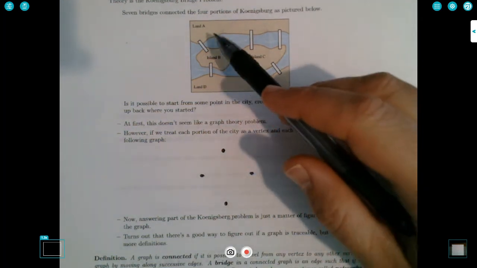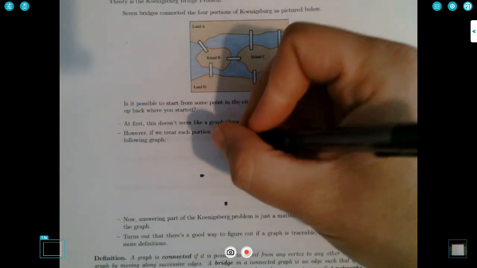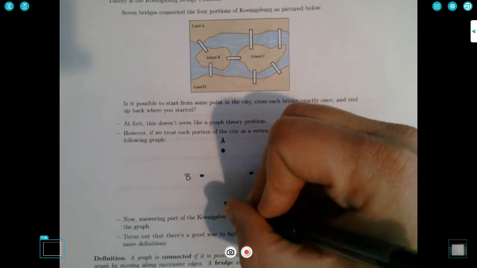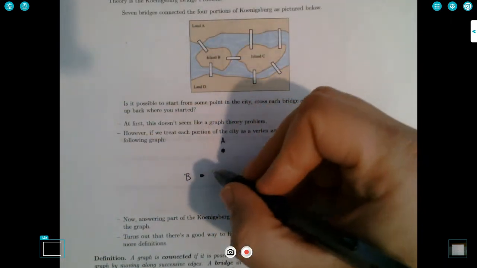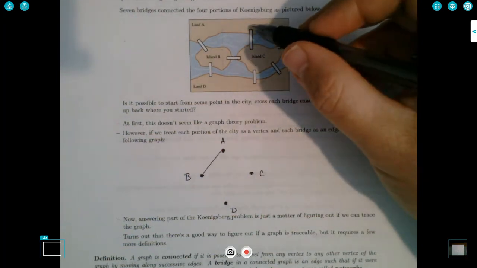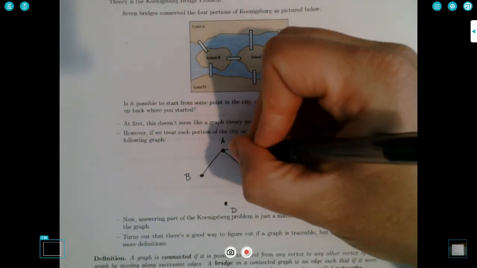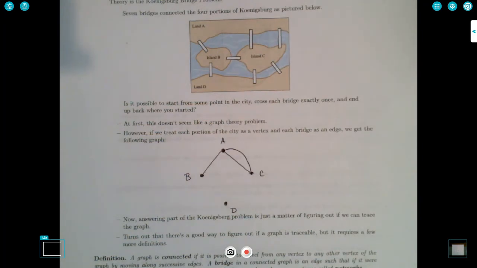But we need a bridge joining A and B. So maybe I'll label these A, B, C, and D. So we need a bridge joining A and B. We need a bridge joining A and C. We need another bridge joining A and C. Okay, that takes care of all the A bridges.